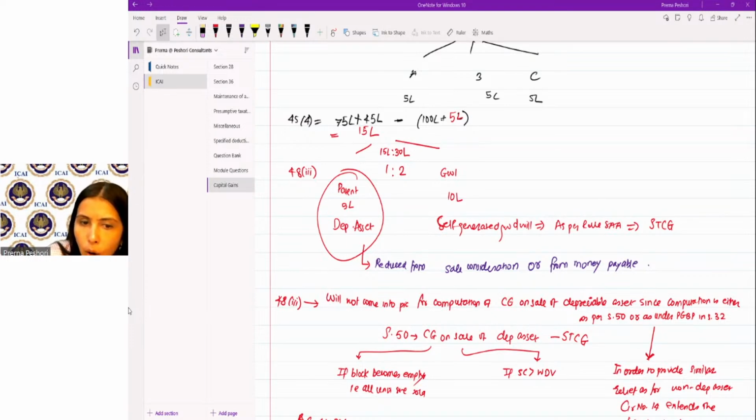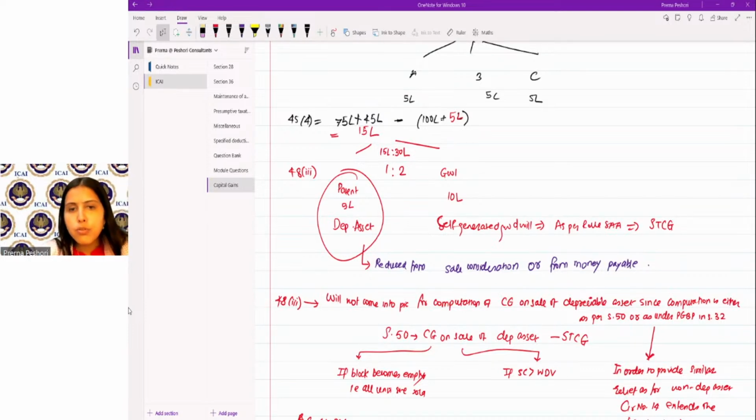And how will that be done? So it clarifies that in case of the attribution, the attributed amount shall be reduced from the sale consideration when the asset is transferred, and the net value of such consideration shall be considered for reduction from the WDV. Clear?